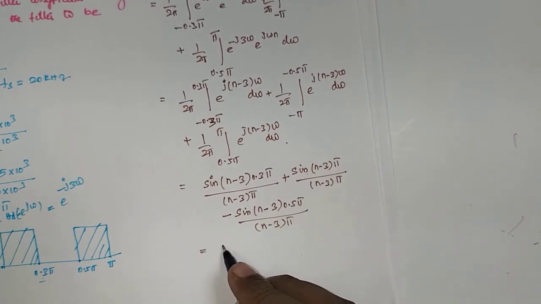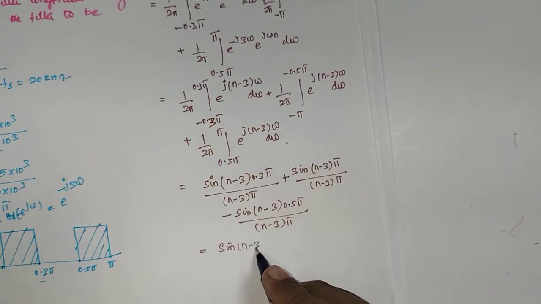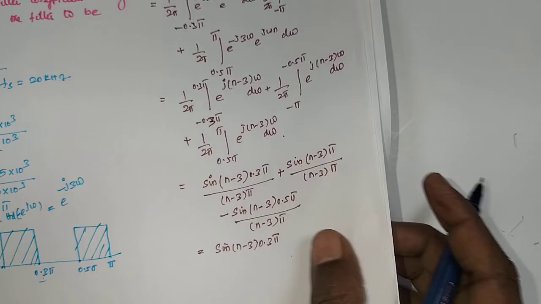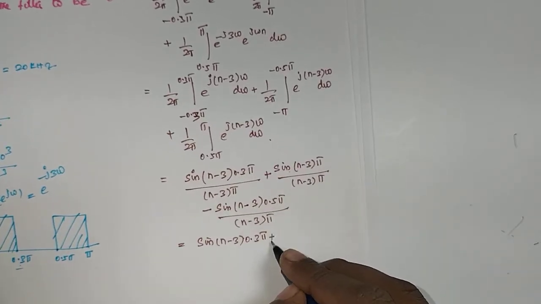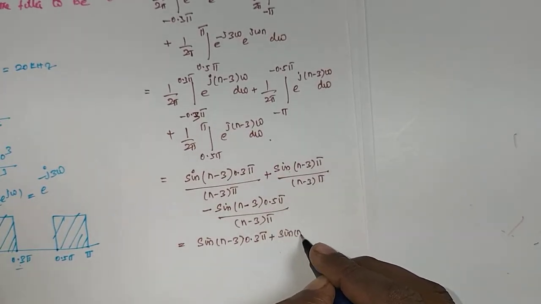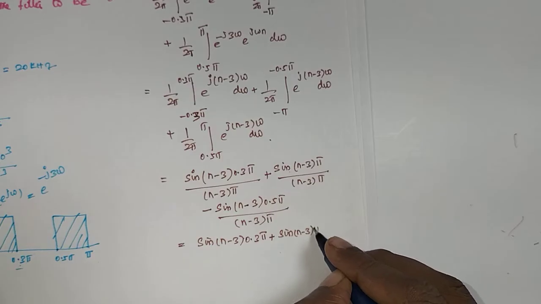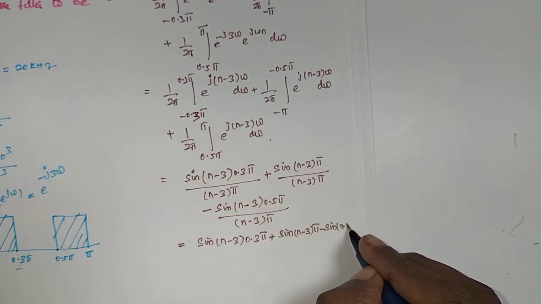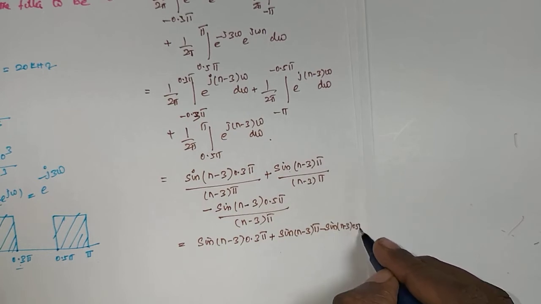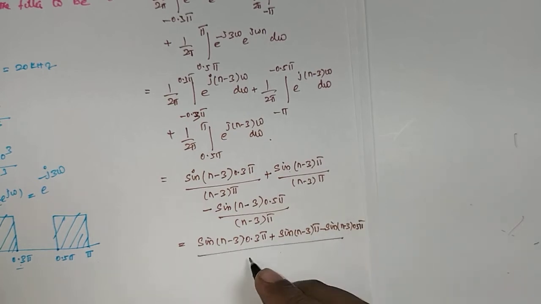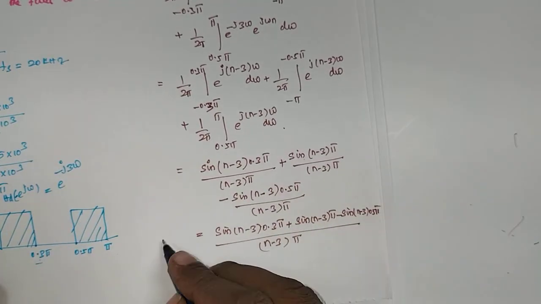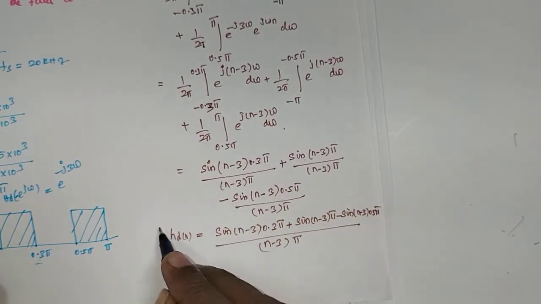So the final answer is sin of (n minus 3) into 0.3 pi plus sin of (n minus 3) pi minus sin of (n minus 3) into 0.5 pi, divided by (n minus 3) into pi. So we found the desired response HD of n.